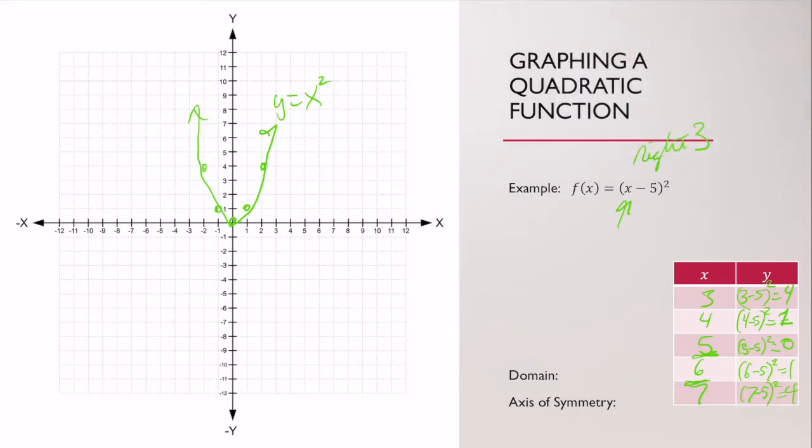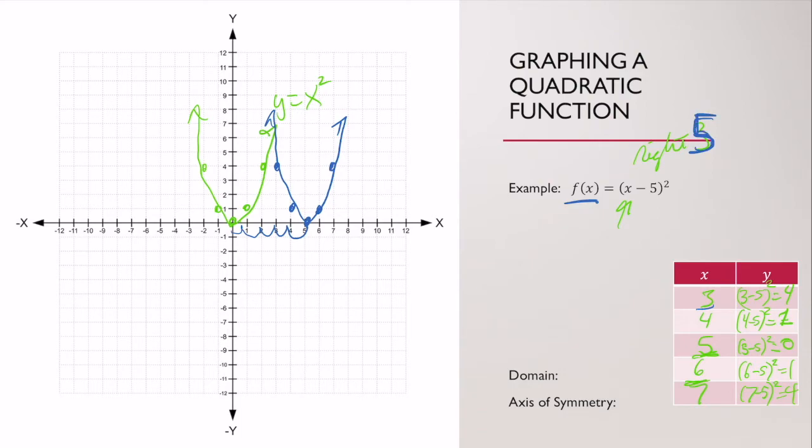So my new graph, I'll graph it in blue, is when x is 3, y is 4. When x is 4, y is 1. When x is 5, y is 0. 6 is 1, 7 is 4. Look at that. Every single point has been shifted to the right 5. I don't know why I wrote 3.